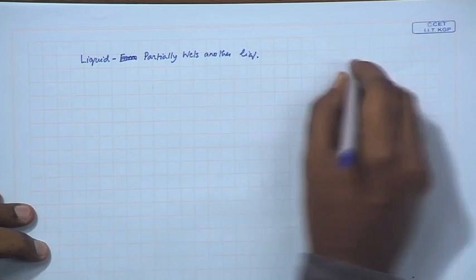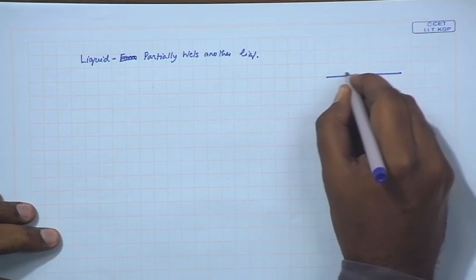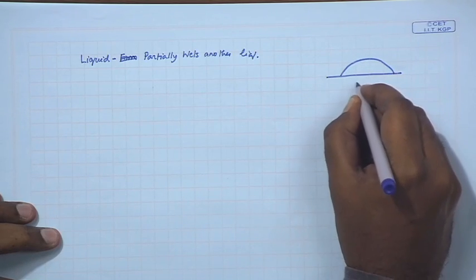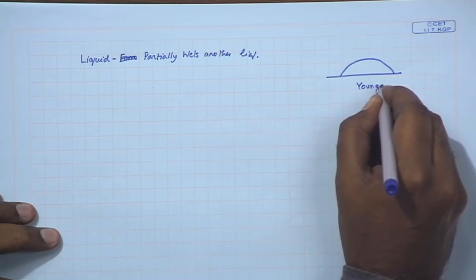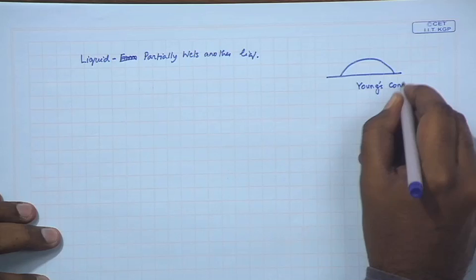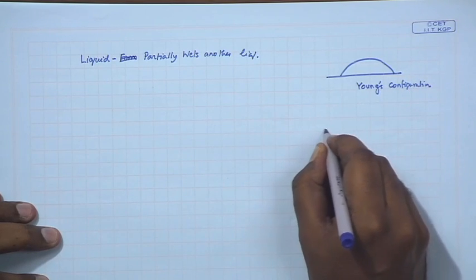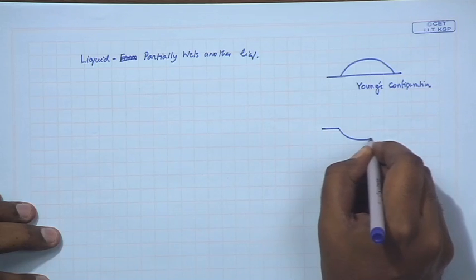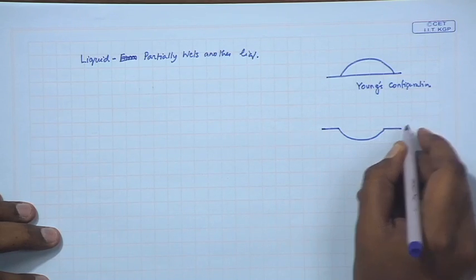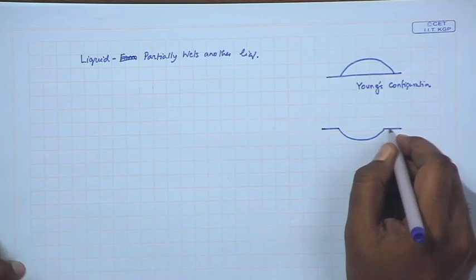If a liquid partially wets a solid, you know this is the configuration, Young's configuration, this is what is called. You are too well conversant with it by now. But if it is a liquid, then what happens if the bottom layer is also a liquid, and you can do that, you can put some, let us say, water on some glycerine or some honey or something like that.